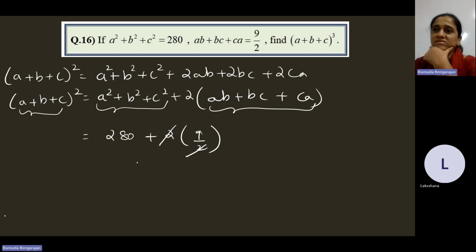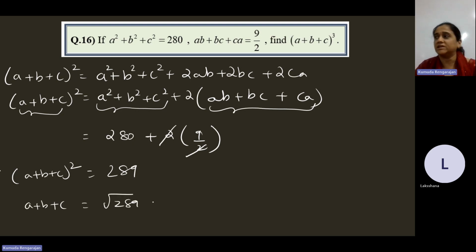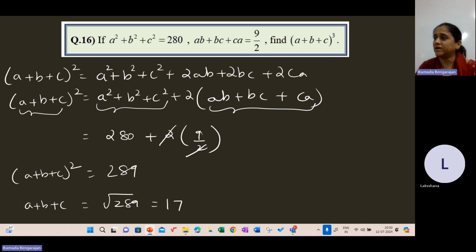So 2 and 2 get cancelled. So what is 280 plus 9? 289. And what is 289? It is (a + b + c) the whole square. (a + b + c) the whole square is 289. Then what is a plus b plus c? It's the square root of 289, which is 17. 17 into 17 is 289.